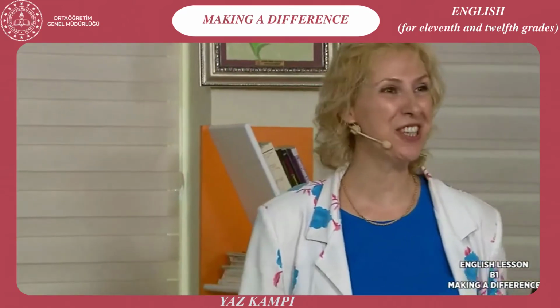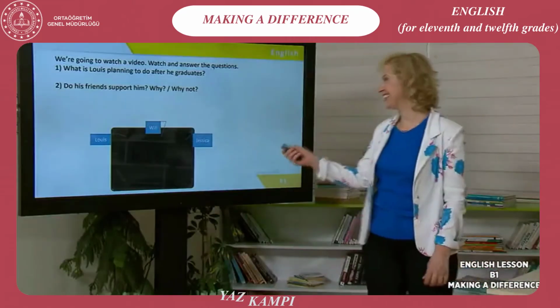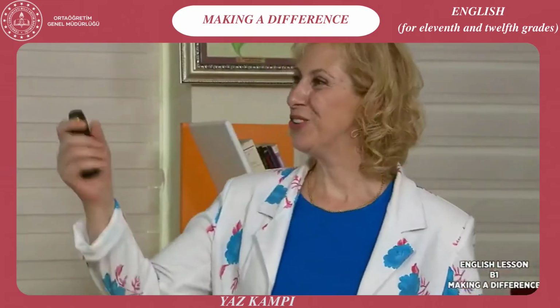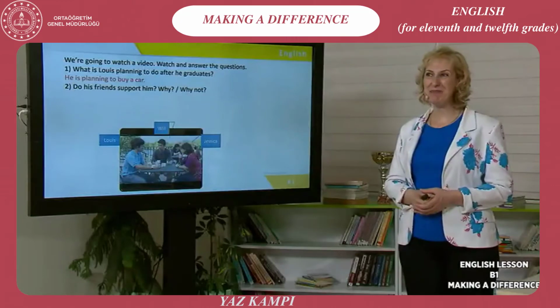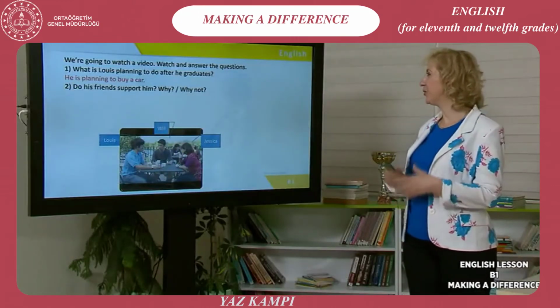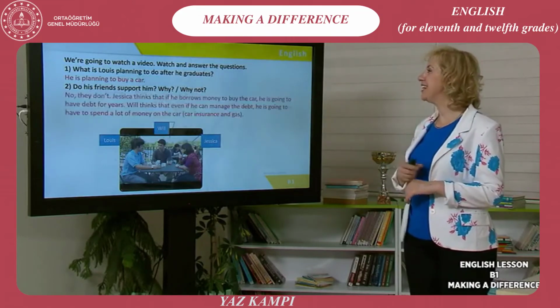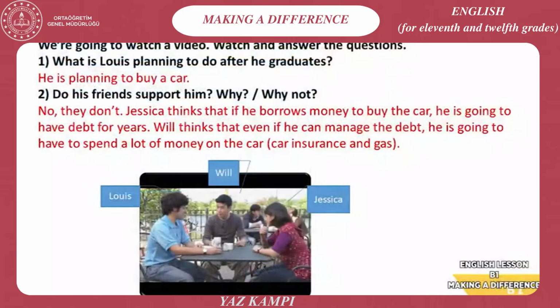Yes. What is Louis planning to do after he graduates? Yes. He's planning to buy a car. Now, do his friends support him? Why or why not? Yes, as you all understand, they don't support him. Jessica thinks that if he borrows money to buy the car, he is going to have debts for years.